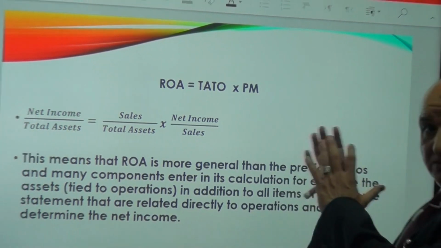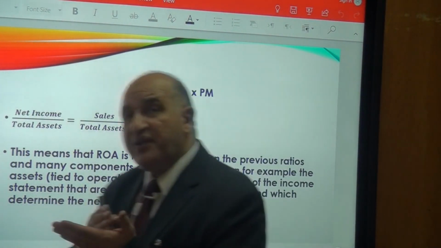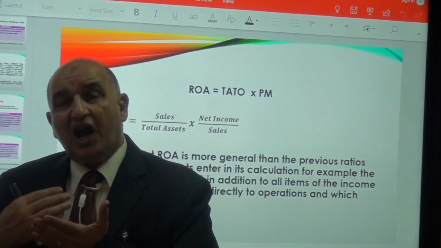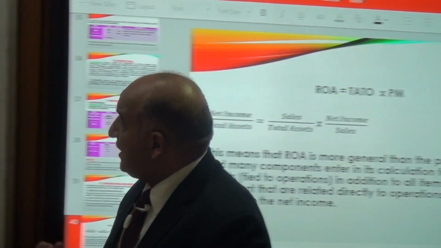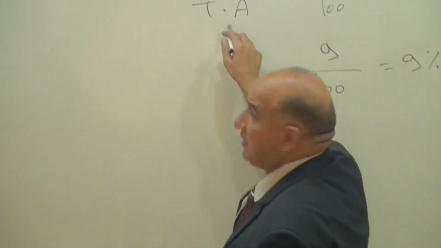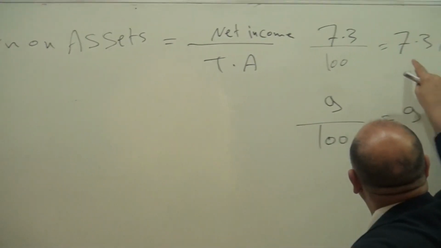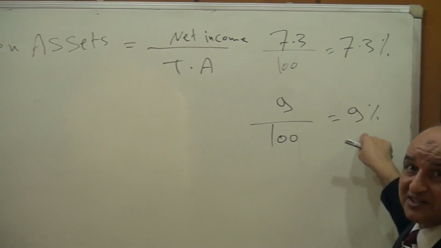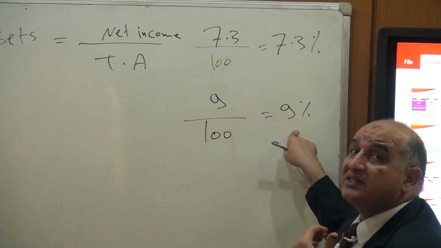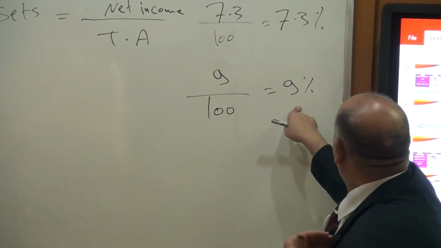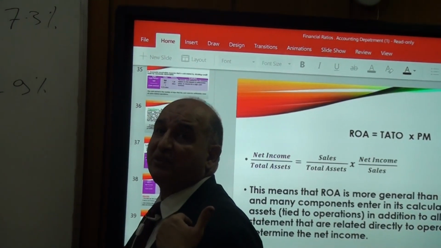The idea with this equation is that we can separate our ROA into its sources. The normal one is net income divided by total assets, but this gives you just a number. Because we are lower than the industry, we need to know where the problem is. Is our problem from the turnover or from the profit margin?